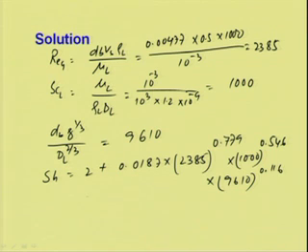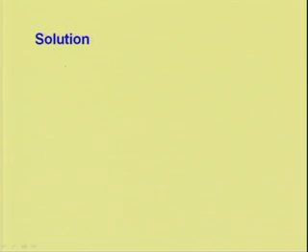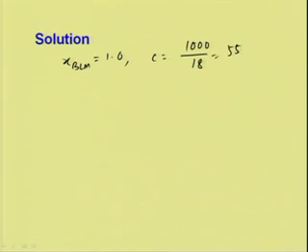So, this will be around 1009. Now, for a dilute solution, xBLM will be 1.0 and C will be 1000 by 18, which is 55.5 kmol per meter cube.